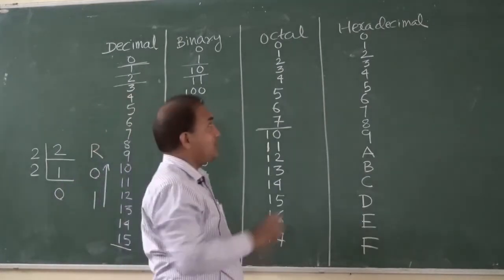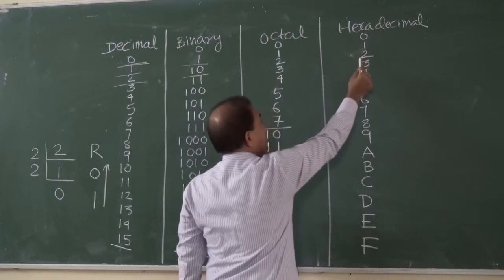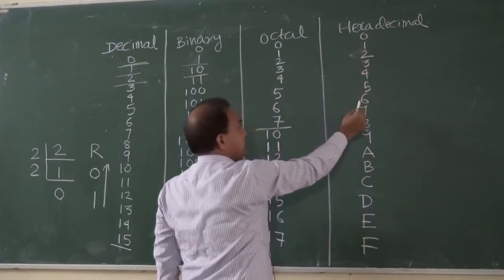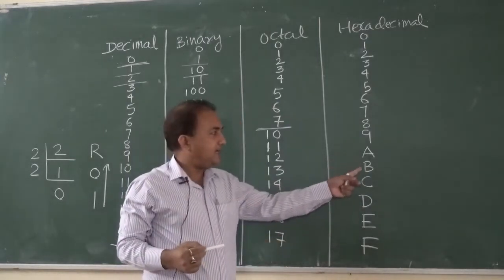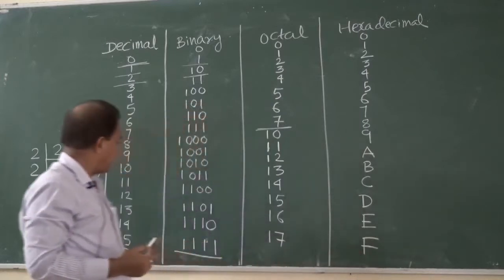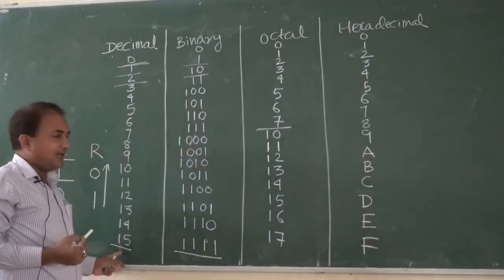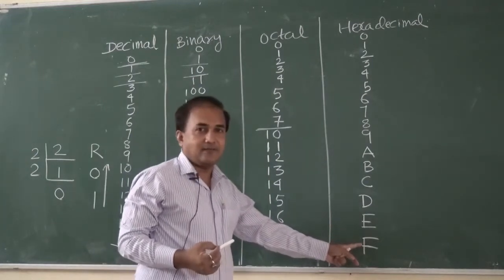In hexadecimal, we are representing like this: 0 1 2 3 4 5 6 7 8 9, then A, B, C, D, E and F. So 15 in decimal is equivalent to F in hexadecimal.